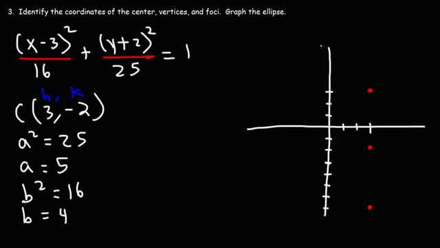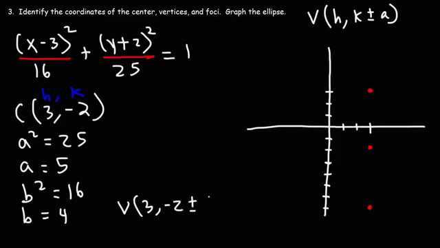And so the coordinates of the vertices, rather than being 0, comma, plus or minus a, it's h, comma, k, plus or minus a. H is 3, k is negative 2, a is 5.